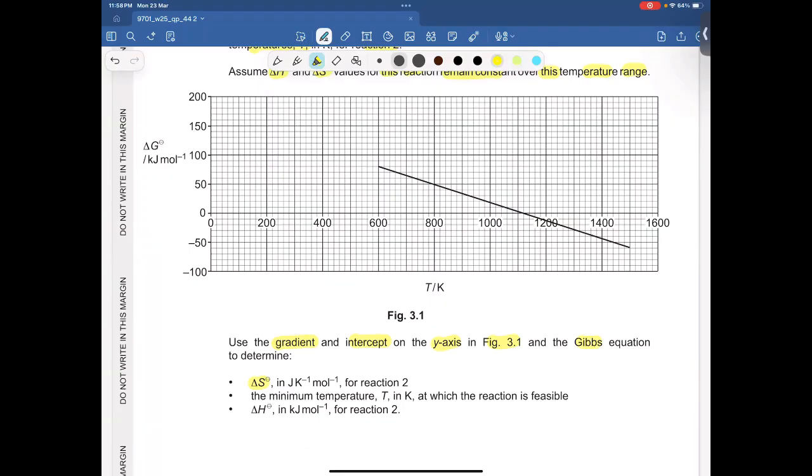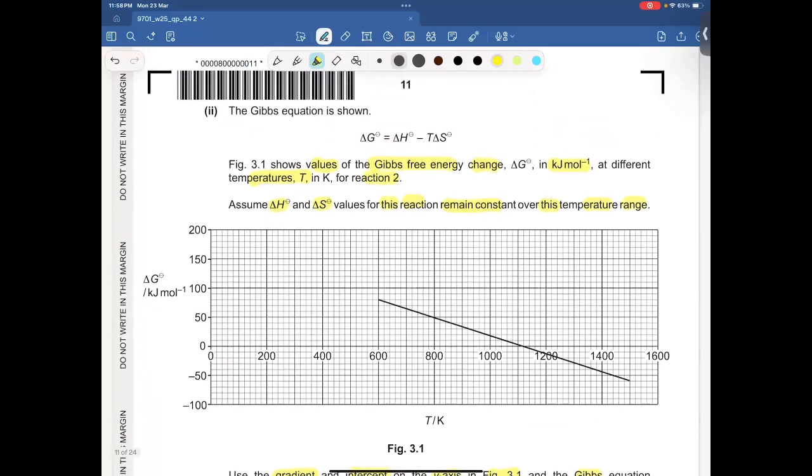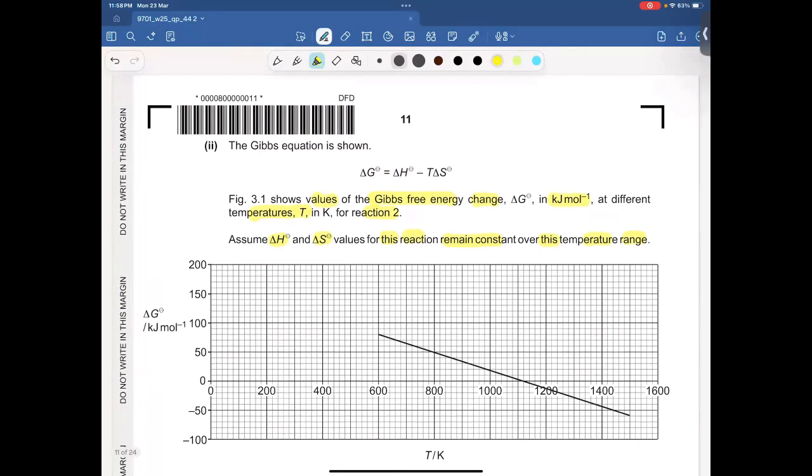Calculate delta S naught for reaction 2, the minimum temperature in Kelvin at which the reaction is feasible, and delta H naught in kilojoules per mole. Okay. That's crazy.